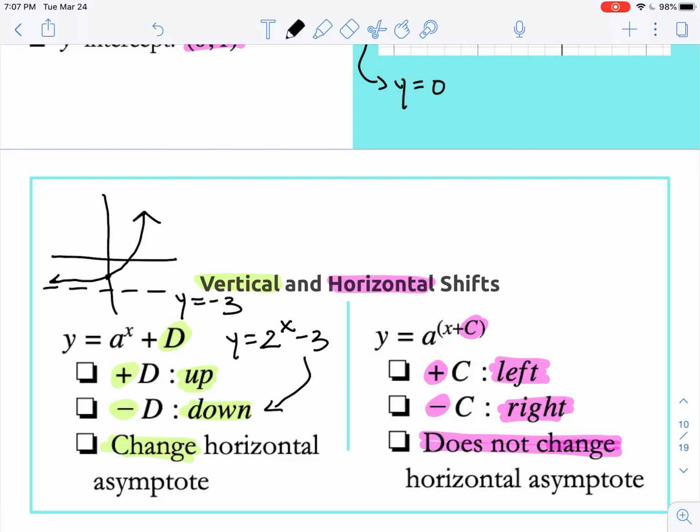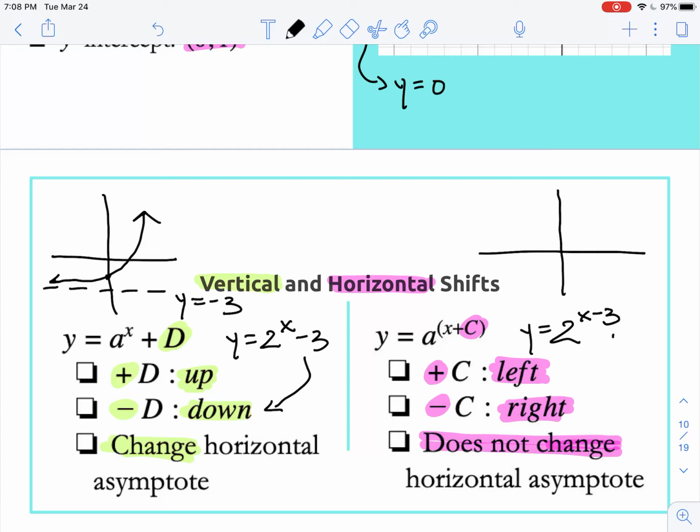We'll do a quick illustration so we can see that it's not changing. If I take a regular exponential equation, y equals 2 to the x minus 3, same numbers as the other example, but I changed the location of the 3 in the equation.